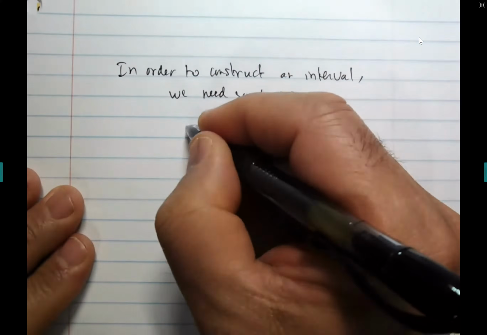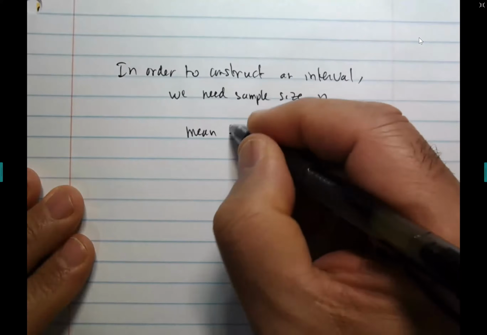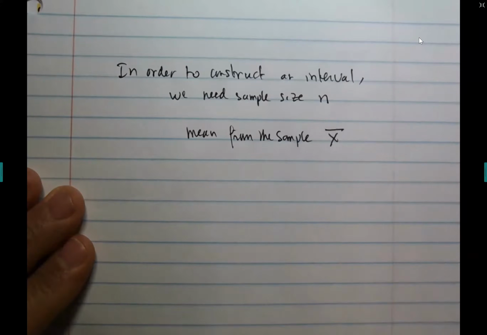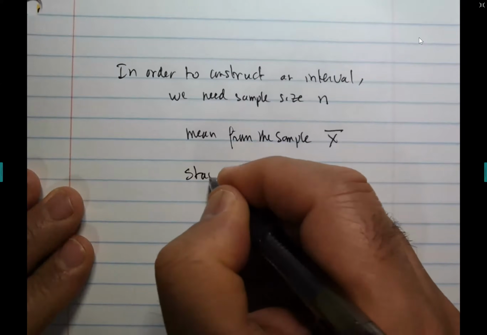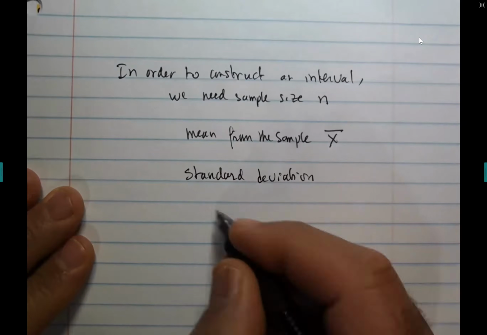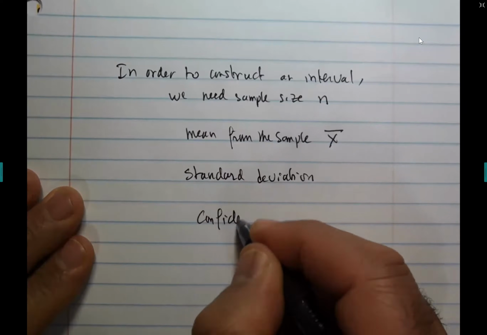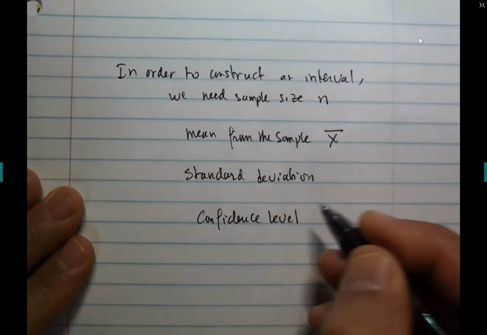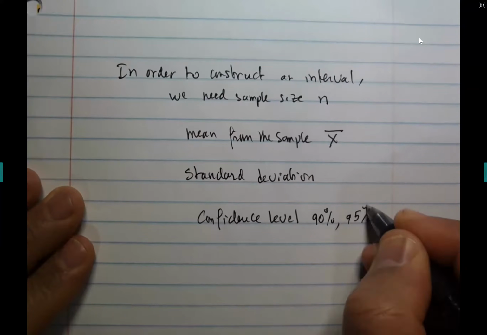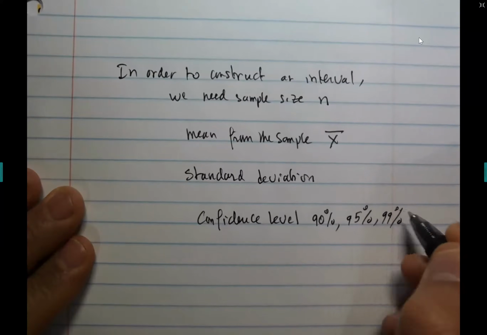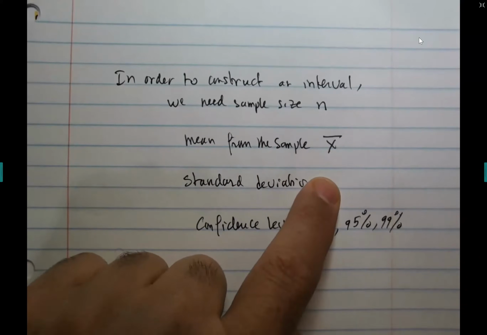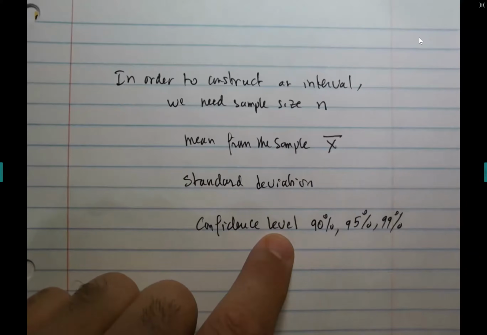We need the mean from the sample, which is called X bar. We need a standard deviation. And we need the confidence level. Your confidence level, as I said, guys, could be 90%, 95%, or 99%. When you have the sample, you can find the mean, you can find the standard deviation, and the problem will tell you what the confidence level is.